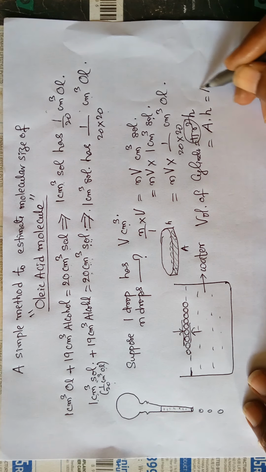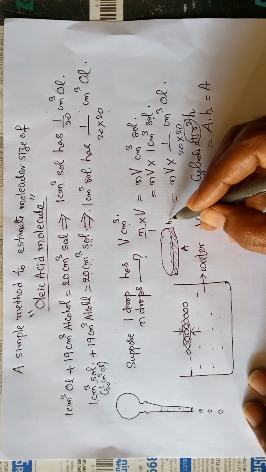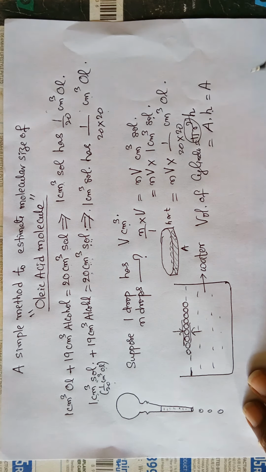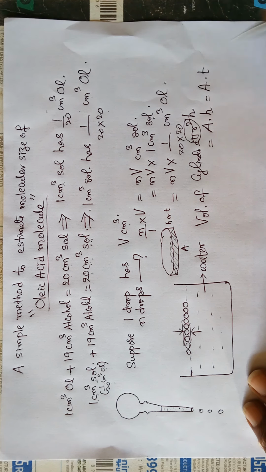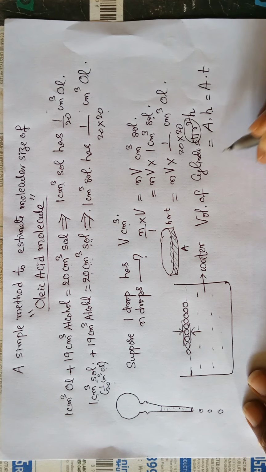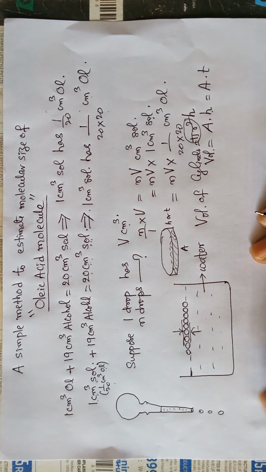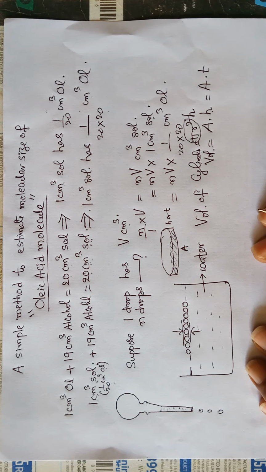Or you can write here, instead of h, you can write T. T stands for thickness. A into T. So here, this is volume. See here, the volume is ready.